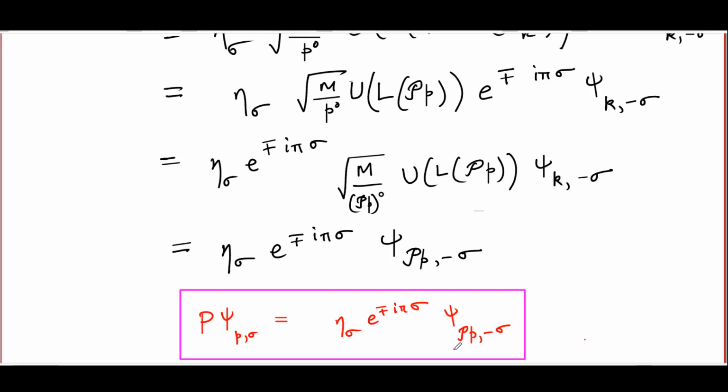If p y is negative, you end up with e to the plus i pi sigma. And that means that if you have two momenta which are very close to each other but right on opposite sides of the xz plane, the parity operation gives you two opposing phase factors for that. And that might sound very unexpected.